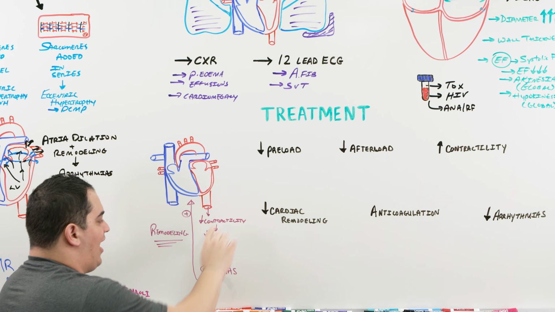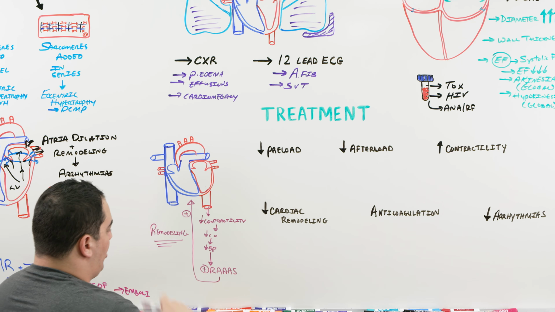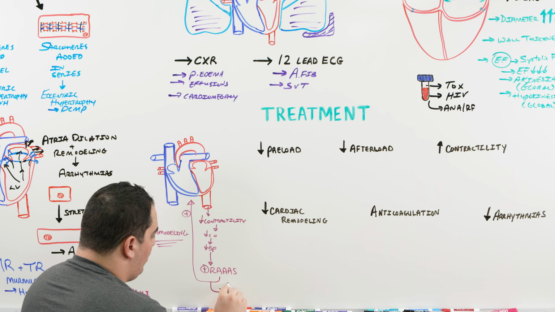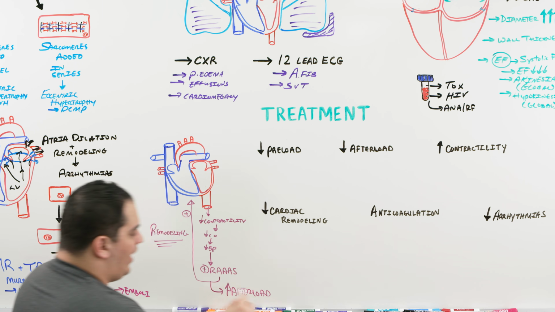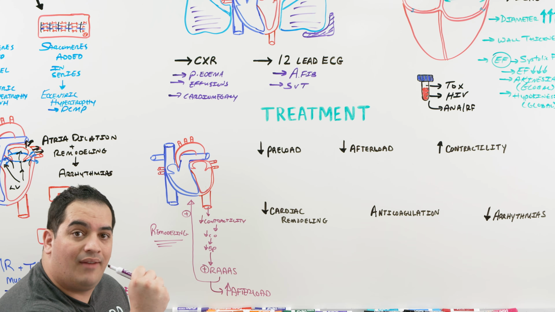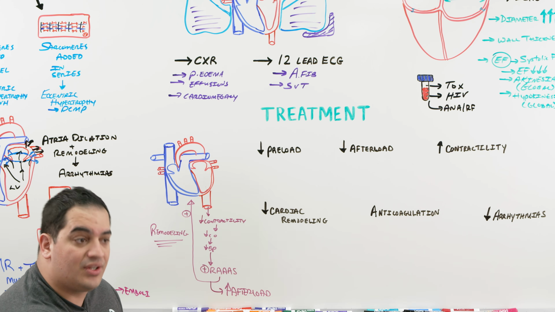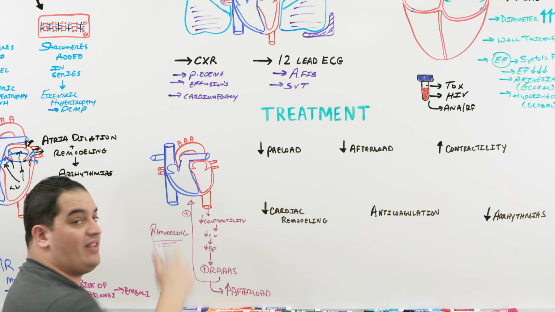Remember what I said? The contractility is down. The renin, angiotensin, aldosterone system will increase the remodeling process, but it also will increase their afterload. Because you know angiotensin 2 does what? It causes vasoconstriction of the arterioles. And if you vasoconstrict the arterioles, that increases the pressure within the arteries, and that puts a lot of stress on that left ventricle.